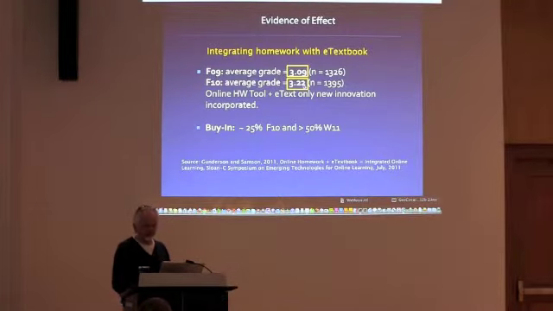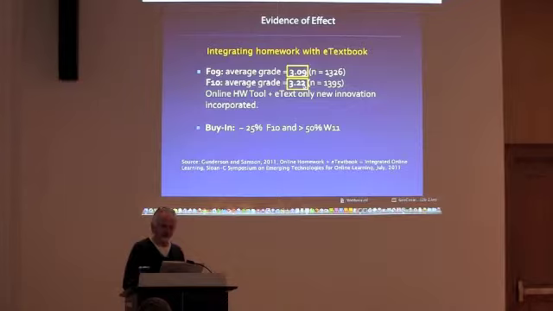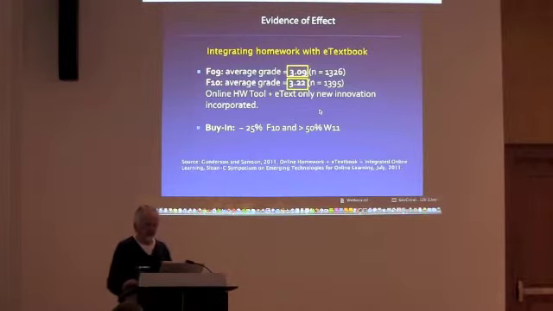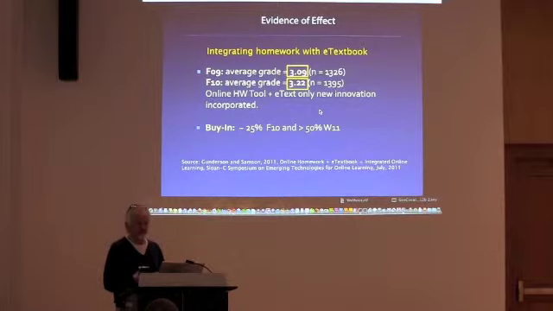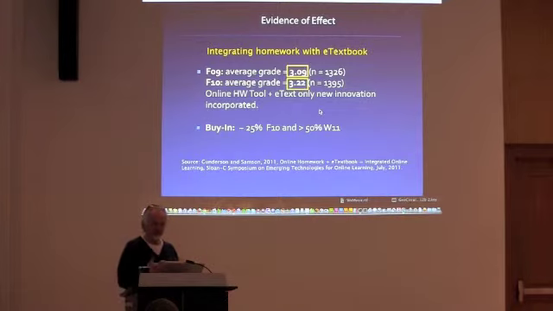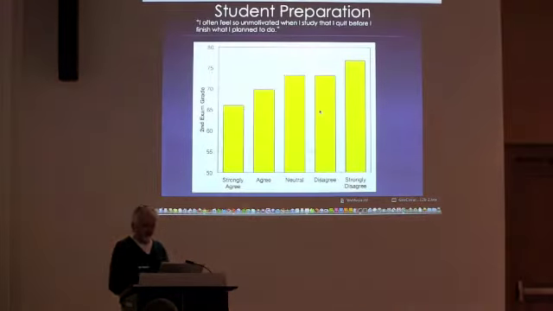That was the only innovation she incorporated that year, and the grades went up like half a grade mark, from a B minus to a B. So she's gotten an improvement in her course by using technology to allow the students to do this sort of self-assessment. So here is evidence that practice, anything we can do to help students with practice, is going to help them prepare for the assessments in the course.